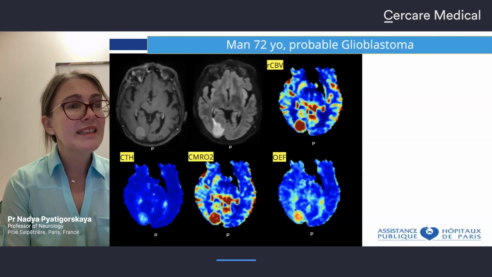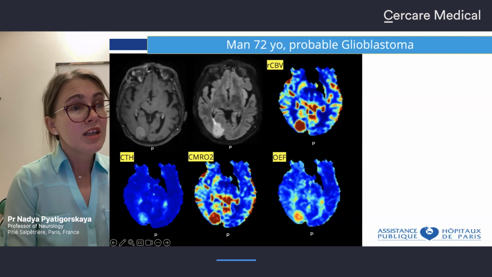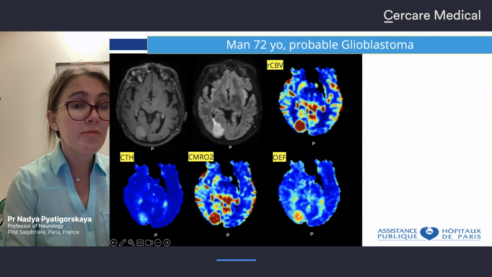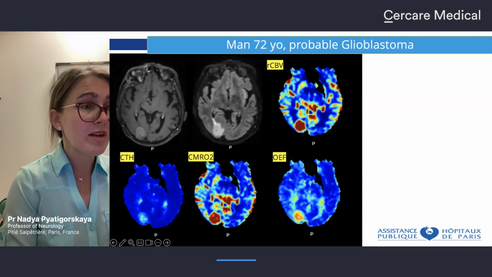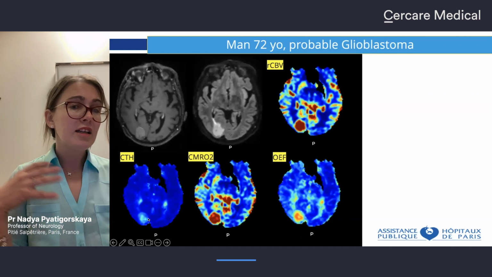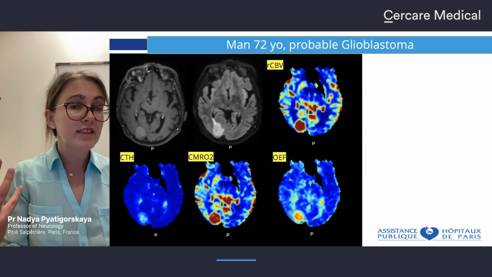In this other case, this is the first tumor imaging. This is a man, 72 years old, and we suppose that it's glioblastoma. But actually, when we look at these images, all the markers are increased, but there is no real heterogeneity of this marker increase as we usually see in glioblastoma.